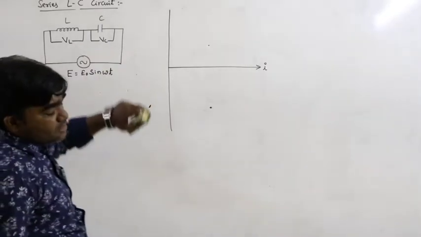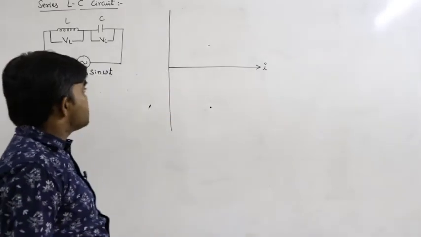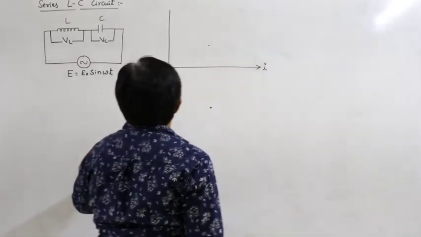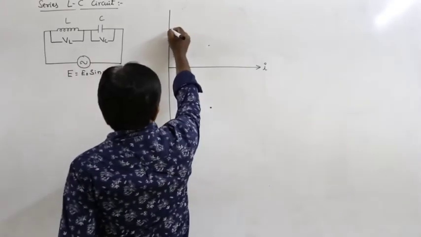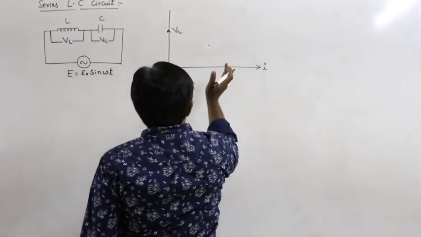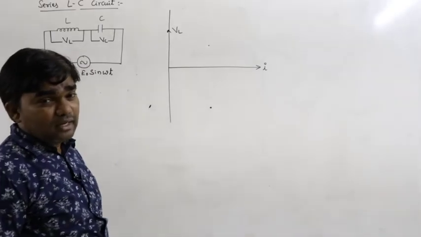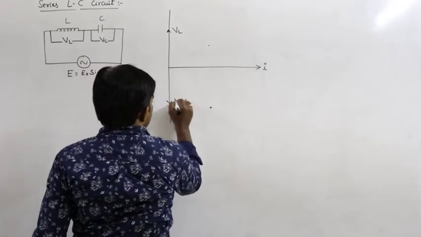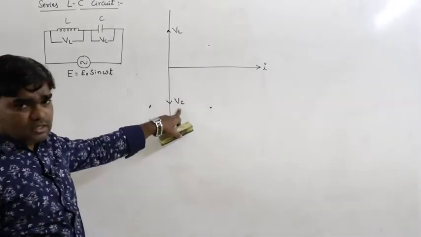Inductor and capacitor. In case of pure inductor, which one leads current? EMF leads by an angle. So let us say it is VL for pure inductor. Potential or EMF leads by an angle 90. But in case of pure capacitor, let us say it is VC.